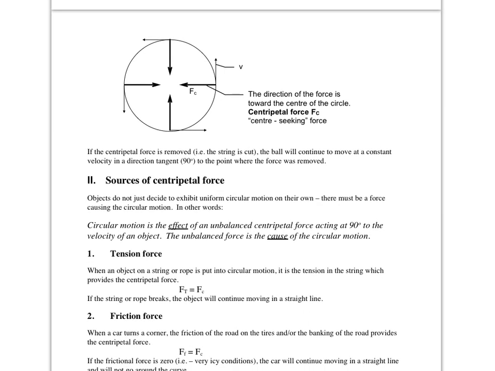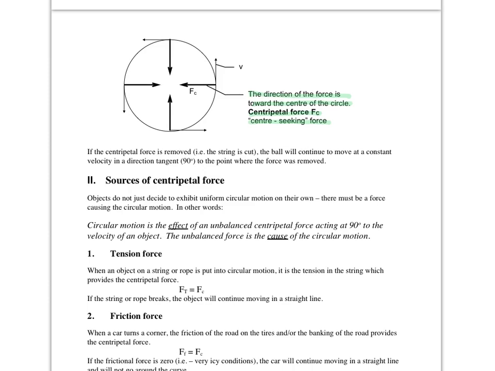What is important to note is that the direction of the force is towards the center of the circle. This is called the centripetal force, or a center-seeking force. So when things are spinning around in a circle, the force applied to them is the centripetal force, and it is pulling them towards the center.